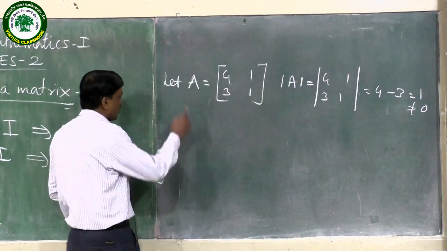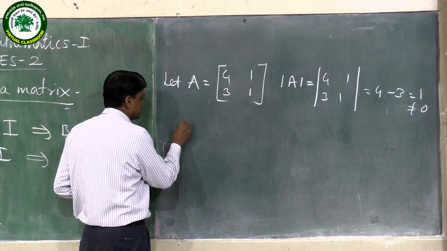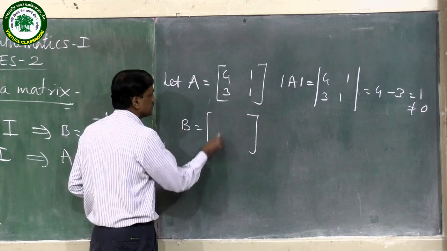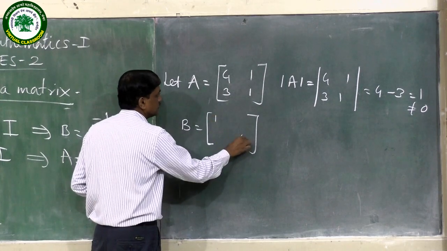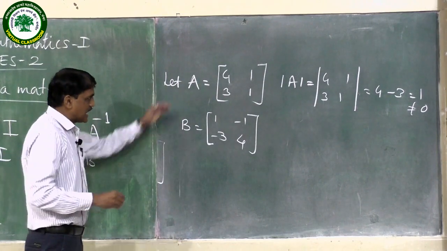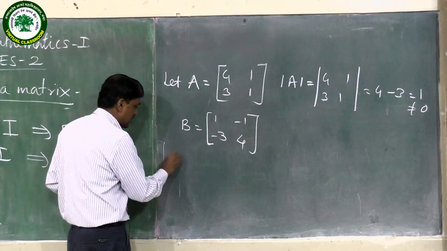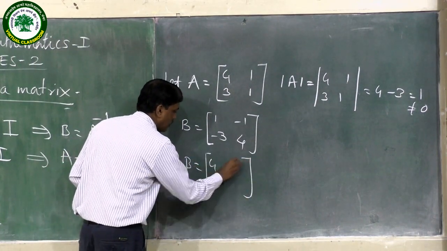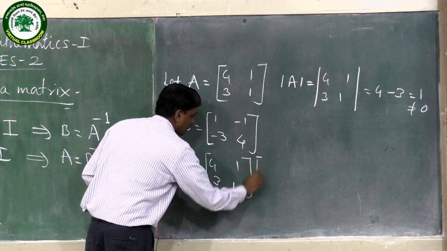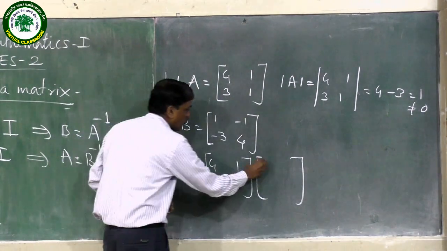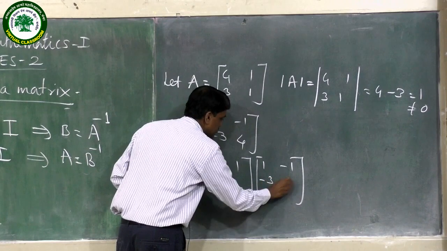Now if for a matrix A there is a matrix B, let us find their multiplication. A into B. See what happens. A is 4 1 3 1. We have written for a given matrix A there is a matrix B, 1 minus 1 minus 3 4.